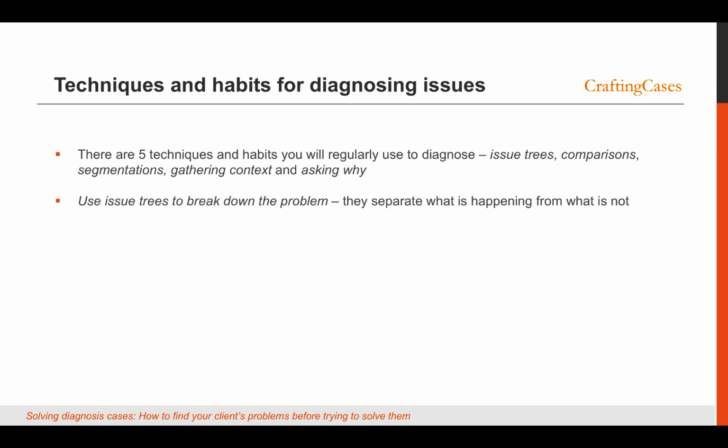First, use issue trees to break down the problem. They separate what is happening from what is not happening. Right? If you have a profit problem, it's either revenue or costs. If you have a salesforce productivity problem, it's either in the productive time that they can't do anything, or they have too much non-productive time.